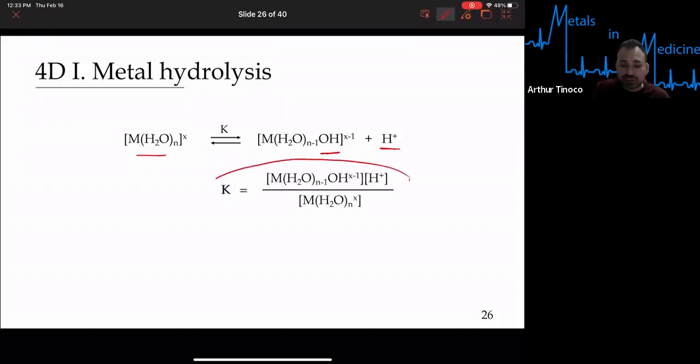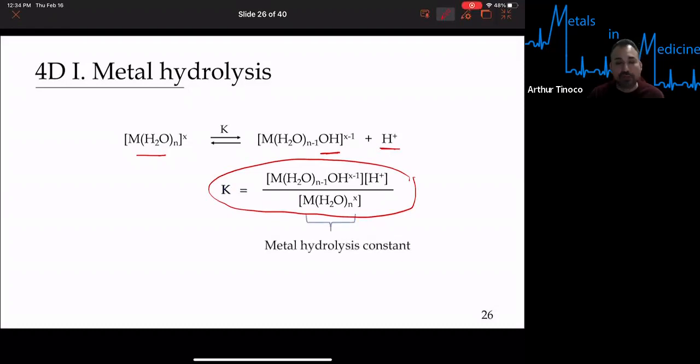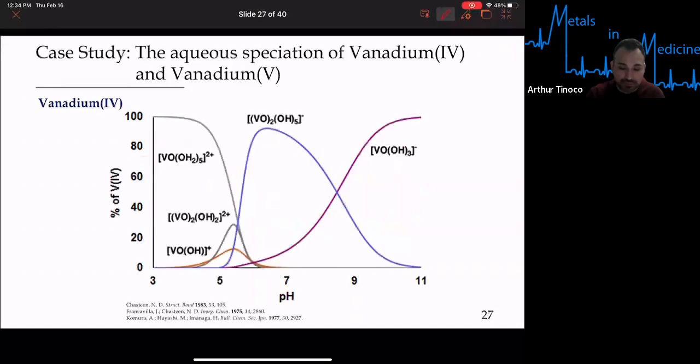Often you will see in the literature a measure of the metal hydrolysis constant for different metals, and that's basically what this represents, the loss of the proton from the aqua ligands coordinated to the metal center. Depending on how many protons are released is a measure of whether it's a K1 event or K2 and so forth.